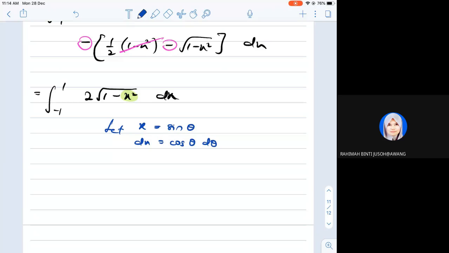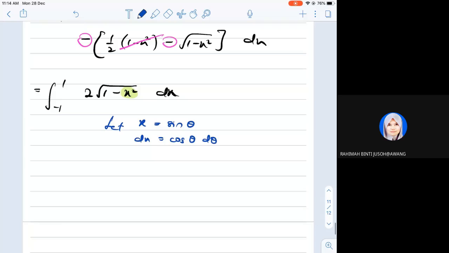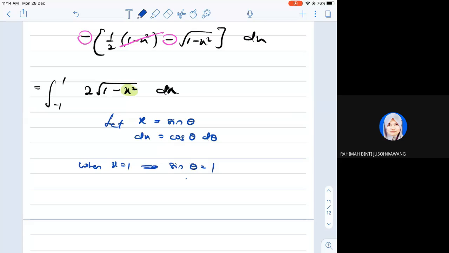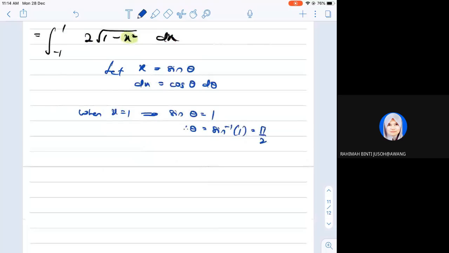Alright. So now, okay, what happened? Let us substitute when x equals to 1. Okay, sine theta equals to 1 lah. Okay, so theta should be arcsine of 1. So arcsine of 1 should be pi over 2. Kalau you pakai calculator, you shift sine 1, you akan dapat 90 degrees.